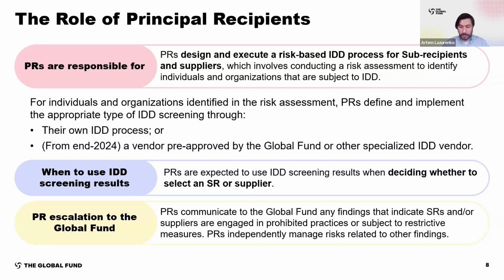You also have them in the grant agreements. So in here, again, we're not talking about setting a new requirement as a part of the guidelines, rather the existing obligations, which are already in the grant agreements, obligate the PRs to disclose and notify to the Global Fund of these findings as and when they happen.